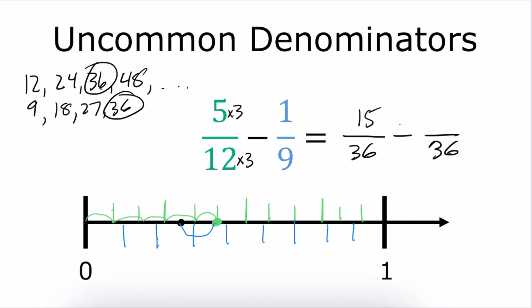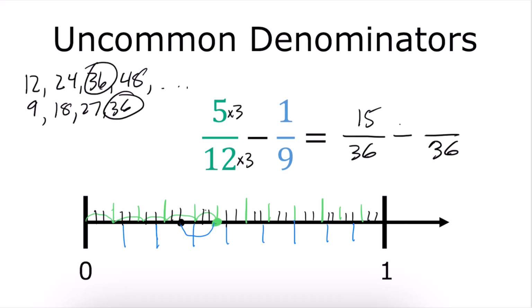And what I would do to show that visually is that I'm going to split this distance up like this. Yeah, like that. So each one of these little spaces is getting cut up into 3 equal sized pieces.